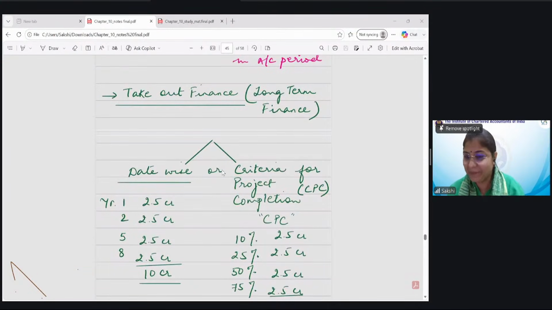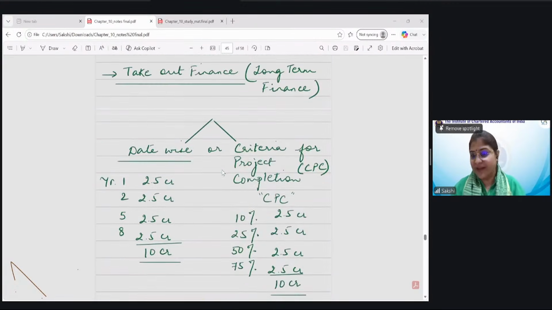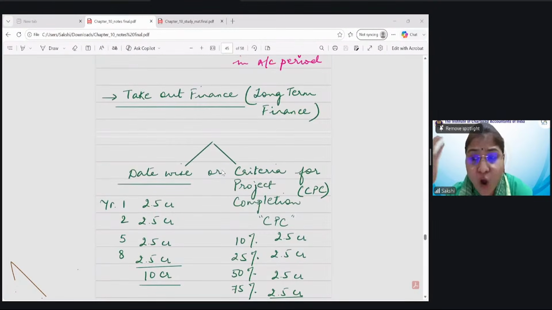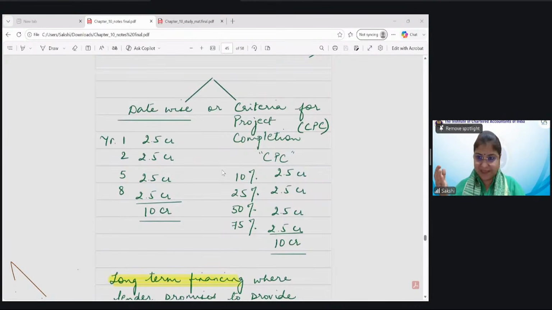Are you understanding? There are two concepts to this takeout finance. Usually you take it for long-term finance. When you need a long-term loan, you adopt this method. It works on two bases, either date-wise or CPC basis. What is date-wise? Year 1, you say, bank, I need 2.5 CR.